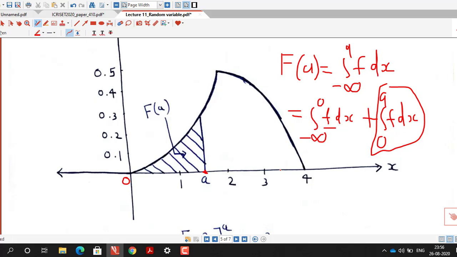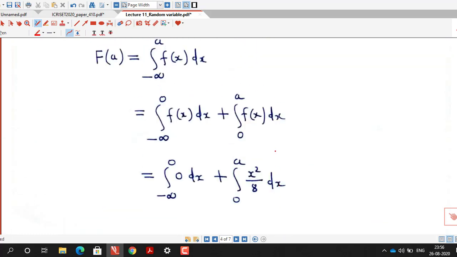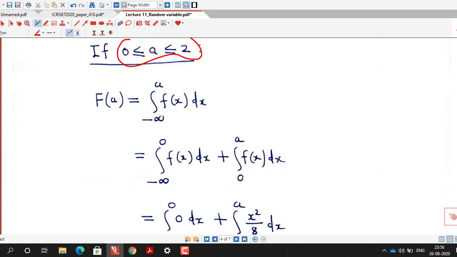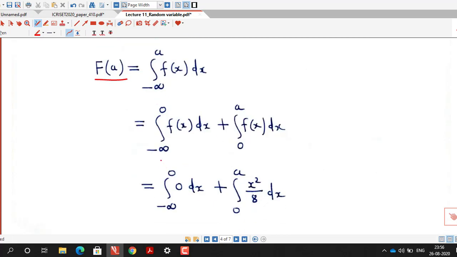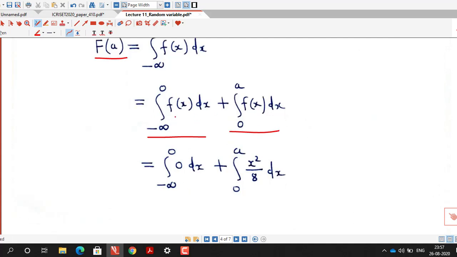So if a is in between 0 and 2, F of a is the integral from minus infinity to a of f(x) dx, which is minus infinity to 0 plus 0 to a. In minus infinity to 0, f(x) is 0.